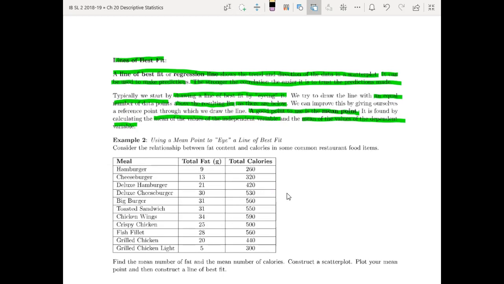Okay, so if I was going to do this data here, and I want to find the mean value, I'm going to do the average of the fat content, and then the average of the calories. So the mean point is simply finding the average of the total fat.